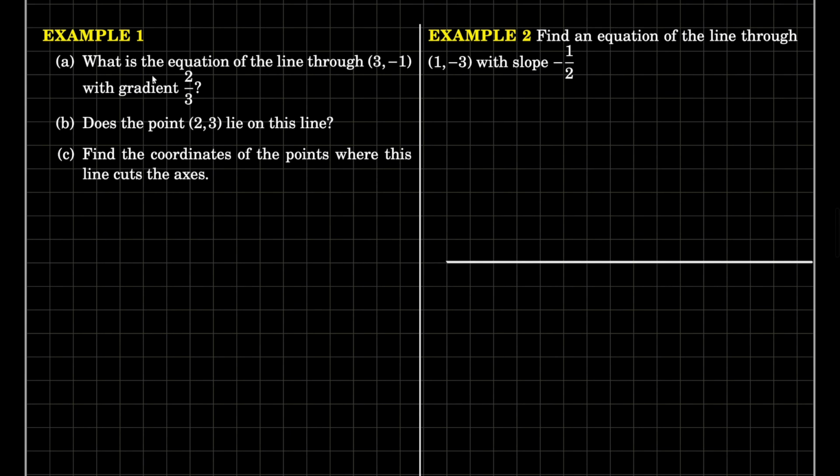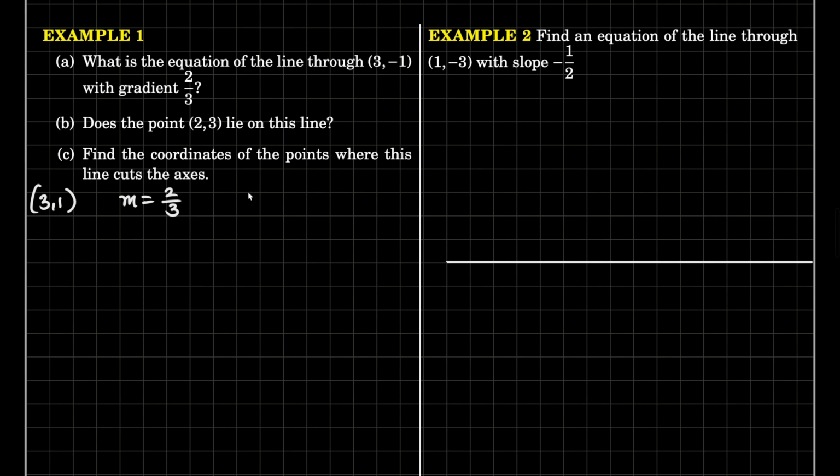Question 1 is saying, what is the equation of the line through this one? So we know that (3,1) is the point and gradient m is equal to 2/3. Now the formula we are using for this one is not hard.